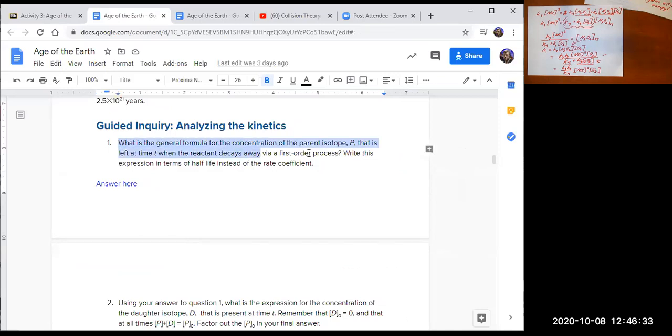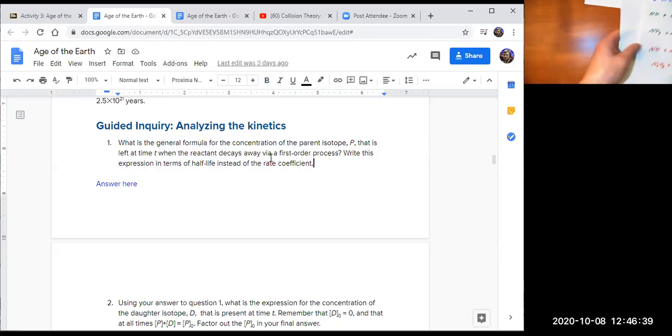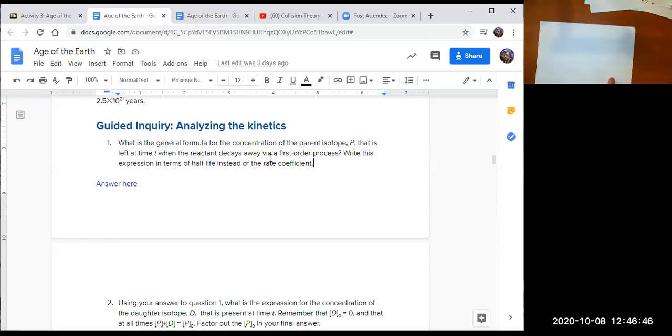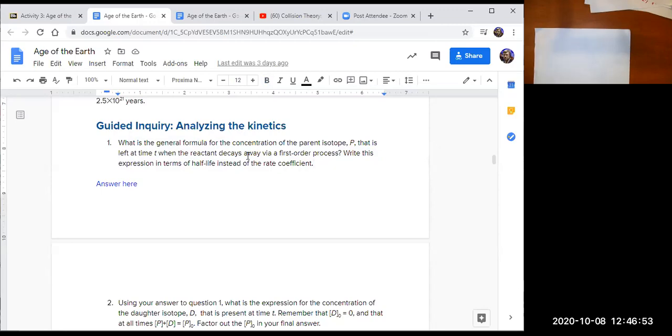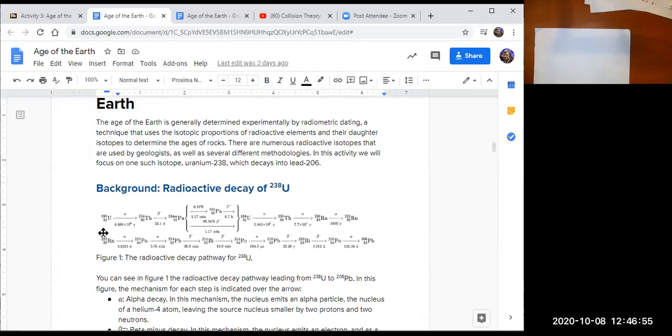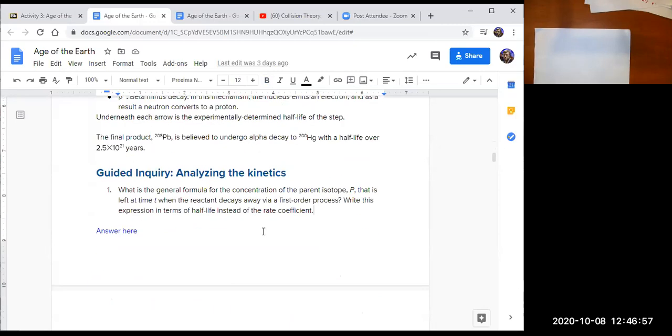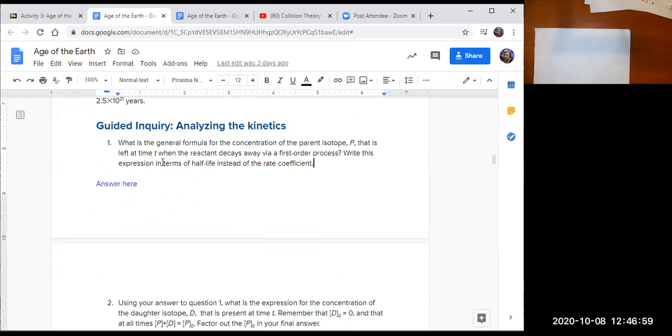So just as an example, let's look at this first question that we have. The reason we're looking at this first question this way is that when we developed all the first order kinetics equations, we did it using rate constants, but what you're given in this problem is not rate constants, you're given half-lives. And so being able to look at the equation in a way that includes half-lives is a very useful thing to do.